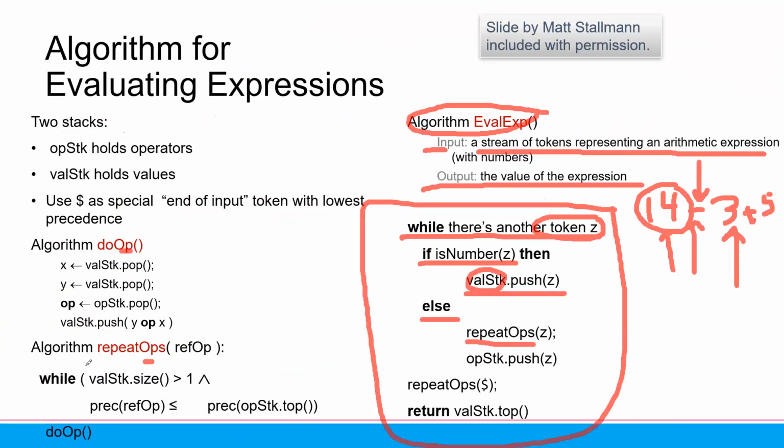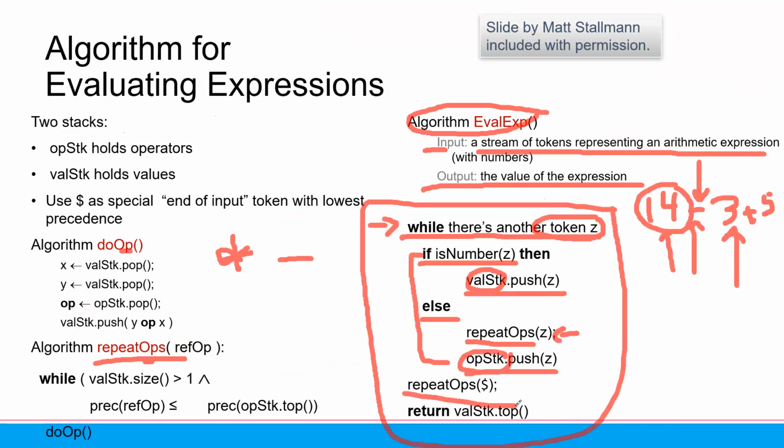So the repeat ops means I want to know what the precedence is, whether it is higher than the multiply or lower than the multiply. After we know this, we will push it into the operation stack. So this will be done in the while loop.